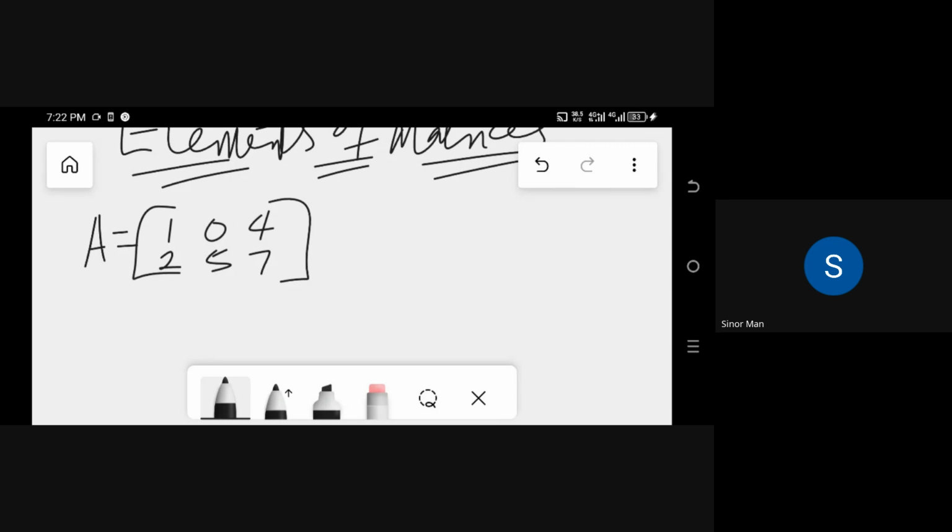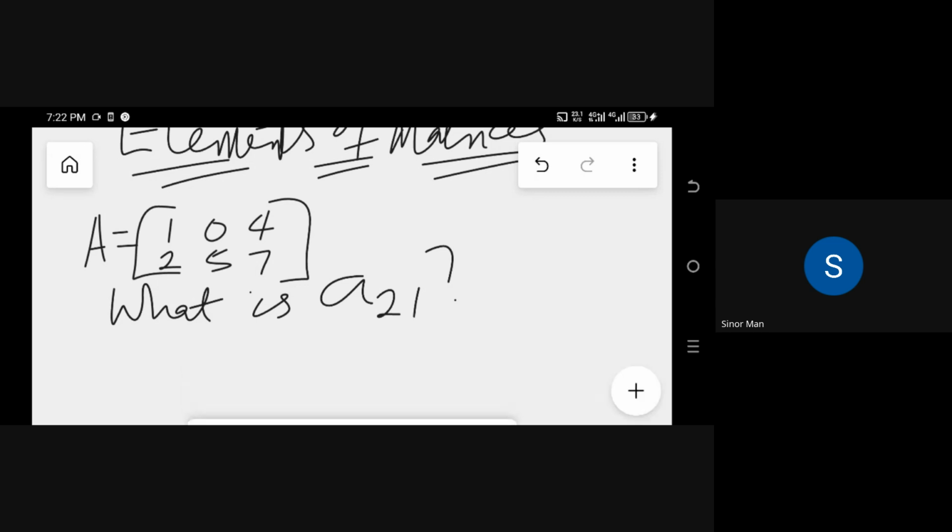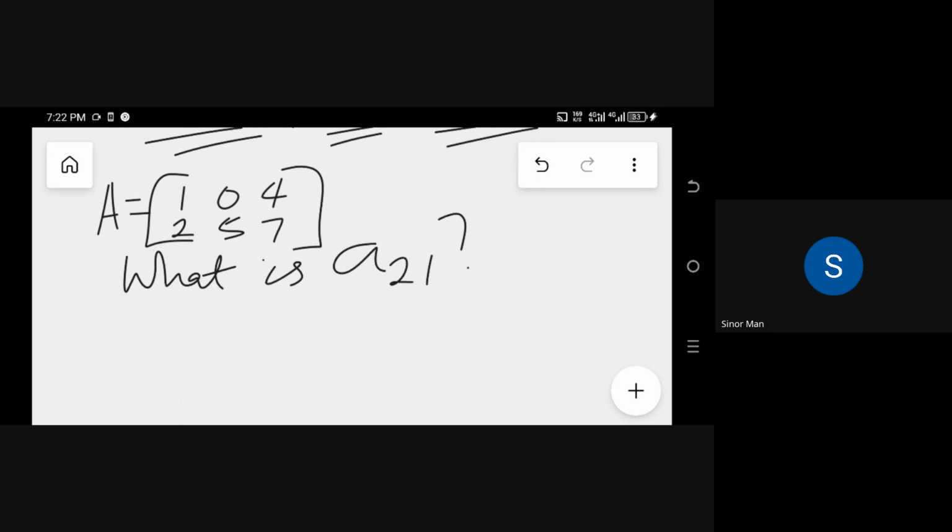Now, if you are asked something like, what is A21, because the matrix A, that's the capital letter A, is the name of this matrix.